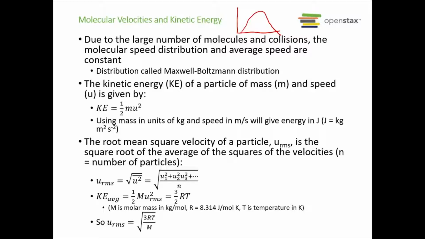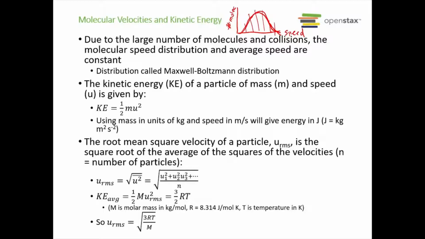This is usually your velocity or speed on your x-axis, and your y-axis is your number of molecules. So you've got some that are going slower and others that are going faster, but you have this overall distribution happening.